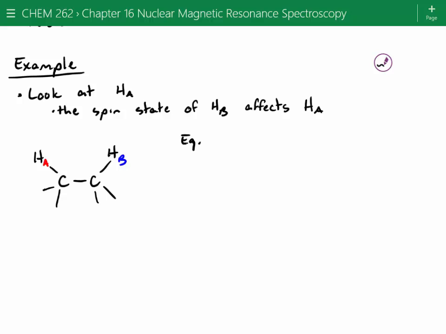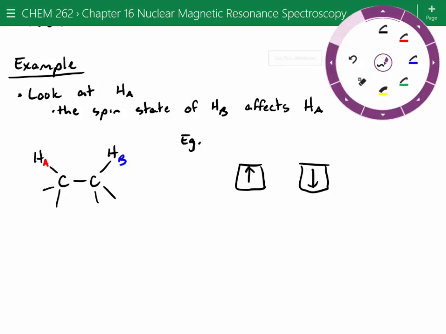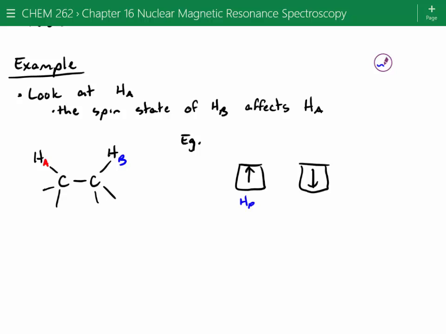And that is to say, HB could be either spin up, that's one option, or it can be spin down. So I'm going to label this HB. It's actually an equal probability of this being in the spin up state or the spin down state. So in this case, we're looking at a 50-50 ratio of spin up to spin down. This will actually cause the signal for HA to be split into a 50-50 ratio of two signals. So instead of being one solid peak, it will actually split out into a doublet.